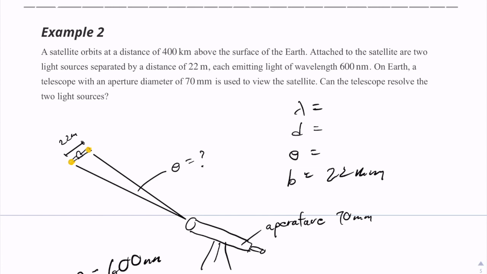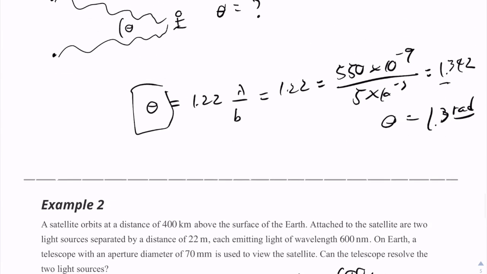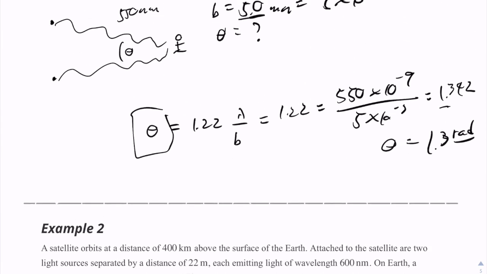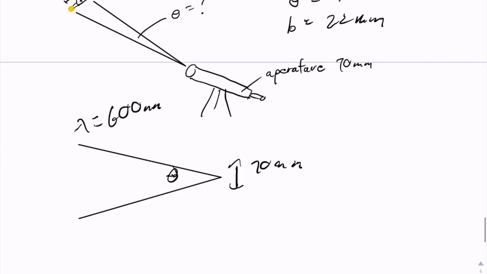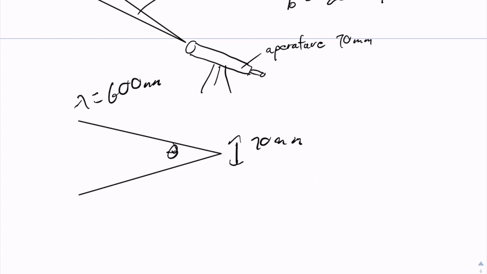The big distance D is 22 meters, and wavelength is 600 nanometers. And we're asked to solve for angle theta. Okay, so we can apply Rayleigh's formula one more time, but we don't know what the minimum angle is going to be here.